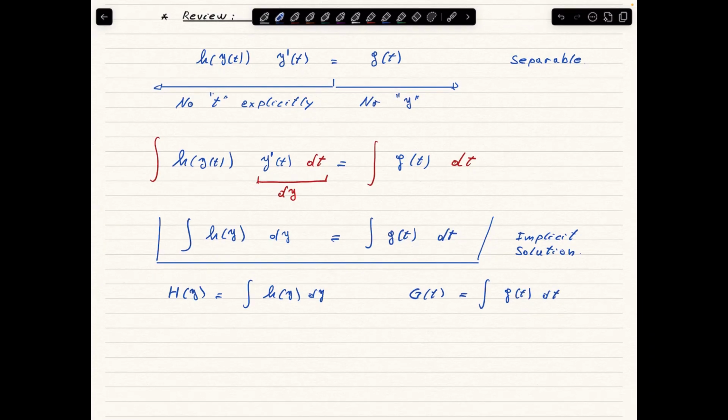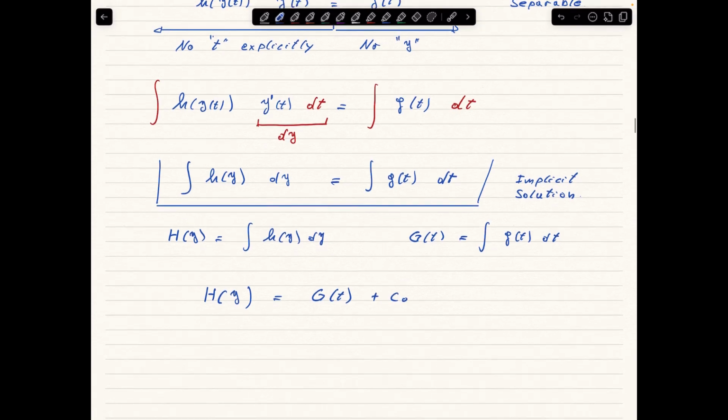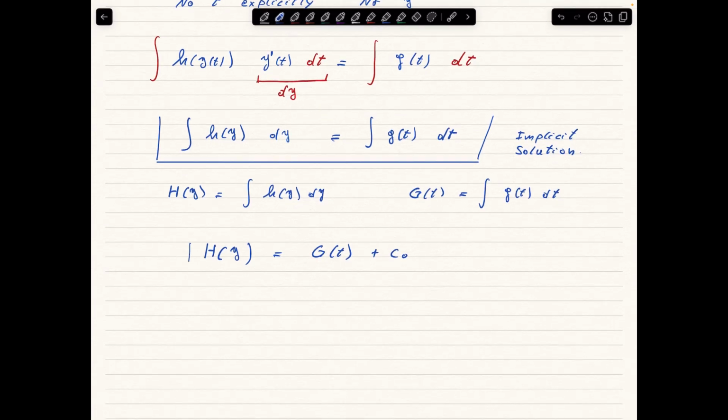With that notation, the solution is big H of y equal big G of t, and there is a constant of integration that remains there. This is exactly the same we wrote before, the implicit solution.